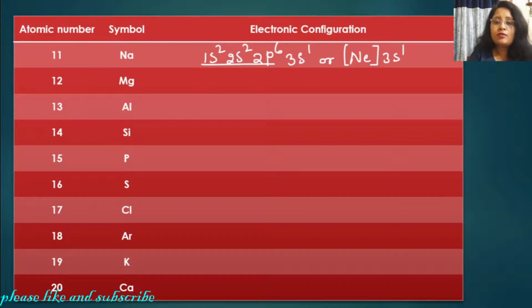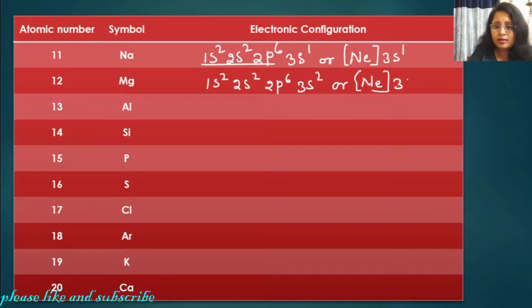This is also a way of writing the configuration, so there is no need to write this much. They will write neon and then the next one. Next is magnesium. We can write 1s2, 2s2, 2p6, 3s2, or the same, neon configuration and 3s2. We can also write like that.